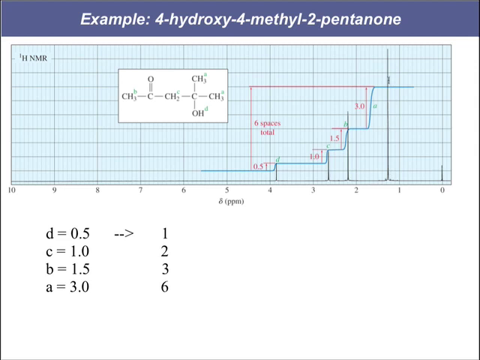We can infer that A's are probably methyls or something close to methyls. We can infer that B's are something like methyl ketones or close to methyl ketones. Something up here around 4 to 5 is likely a hydrogen next to an oxygen or next to a halogen. Since it only integrates to 1, it's really easy to guess that it's a single hydrogen on an oxygen. And then C could be really anything.